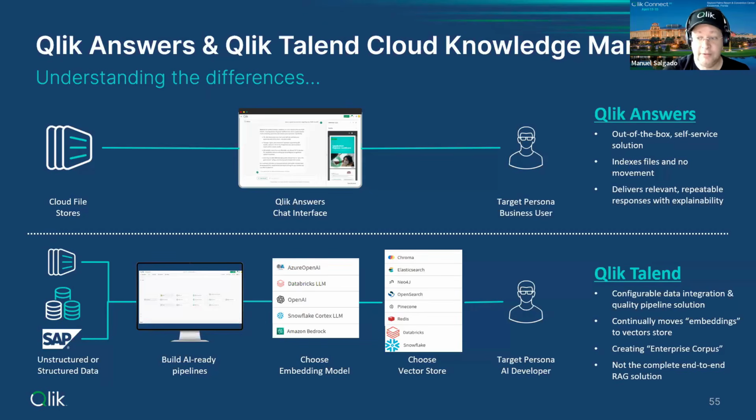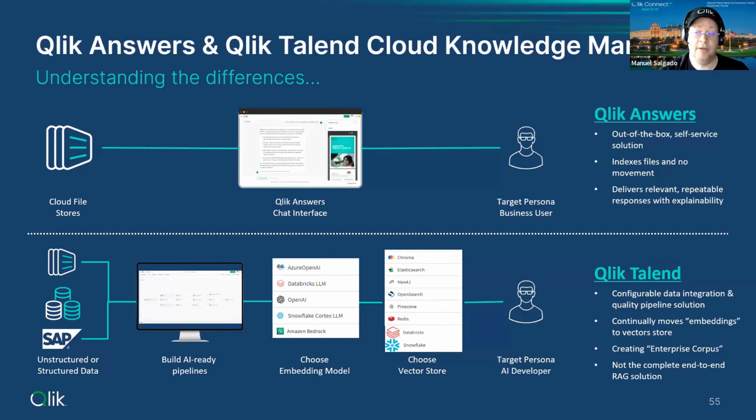Am I storing my vectors in Snowflake or Databricks, or am I storing them in Pinecone, Elastic, or any of the supported vector databases? And then we get you the data to the point where it's Gen AI ready, right? So the output of a pipeline with Knowledge Marts is really a vector store populated with embedded data that's ready for consumption.